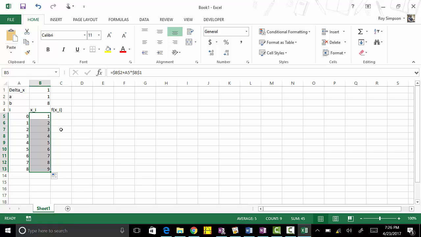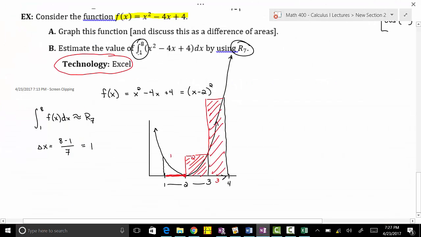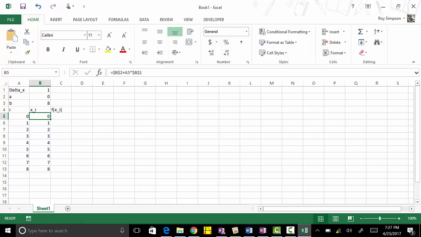Oh, my a is not 1. My a is 0. I was wondering what's going on. Okay. Let's see. No, my a is not 0. Let me go back to the problem here. a is 1. It goes to 8. So b is 8. a is 1. b is 8.